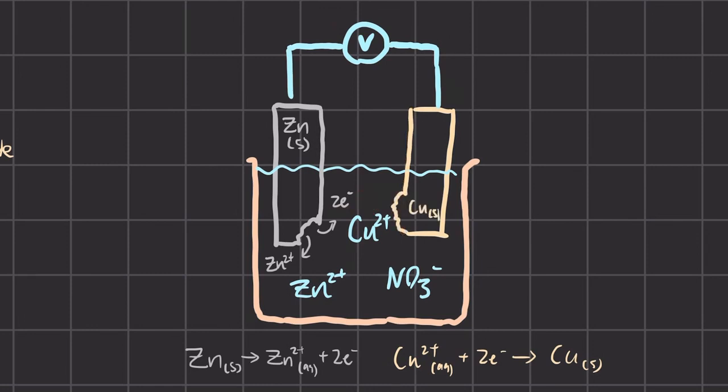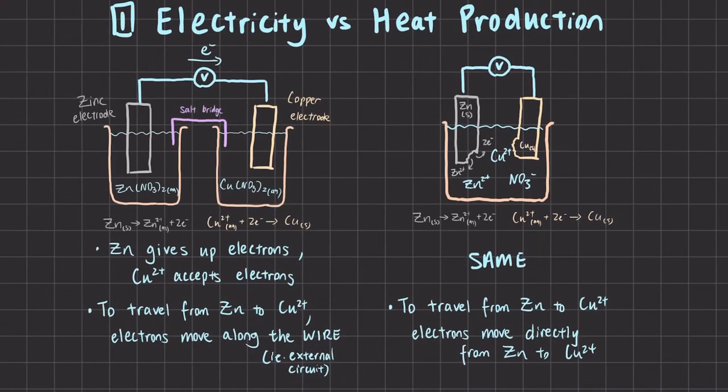A way that you can think about this is that electrons are lazy. Why would they take the long route around the wire when they can directly give their electrons to the copper 2+ in the solution floating around them? And this is made possible because in the first case, there was no way for the zinc solid to give its electrons to copper 2+, apart from the wire, since the 2 half cells were physically separated, but now it's not the case.